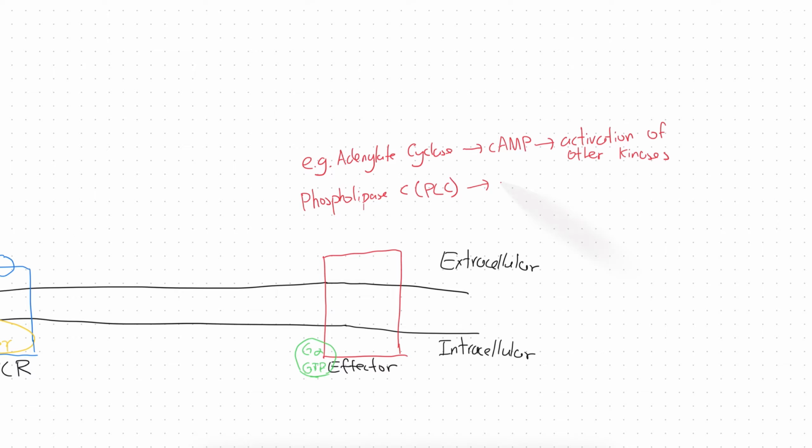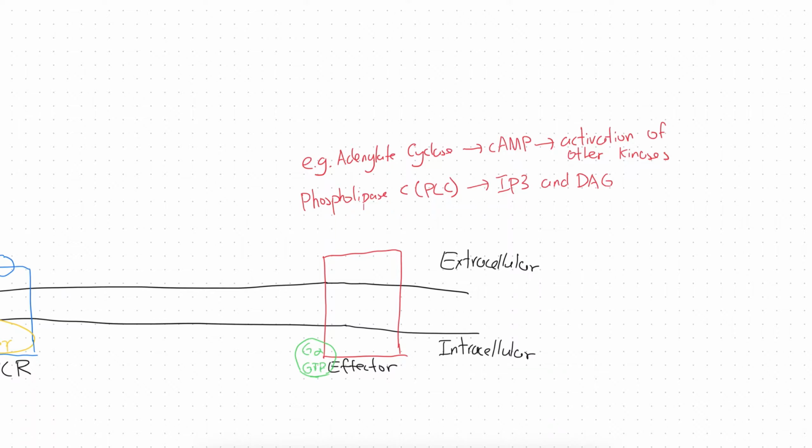So you're actually gonna get IP3 and DAG. Those effectors are being activated, and they're gonna do different things depending on what type of effector we have.